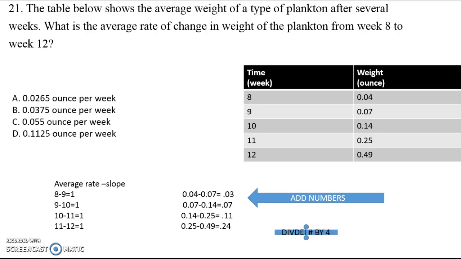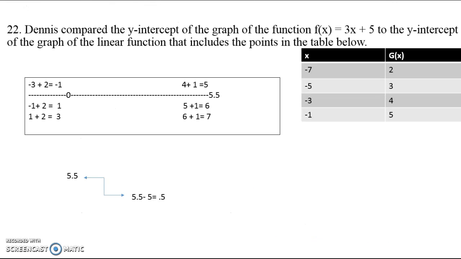So I added all the numbers and divided by 4, because that's how many numbers there were, and you should get 0.1125, which is our answer choice D. Basically all I did was find the average rate of change, and that's what it's asking us. So I found the slope for weeks 8 through 12, then added all the numbers and divided. Okay, so let's move on.